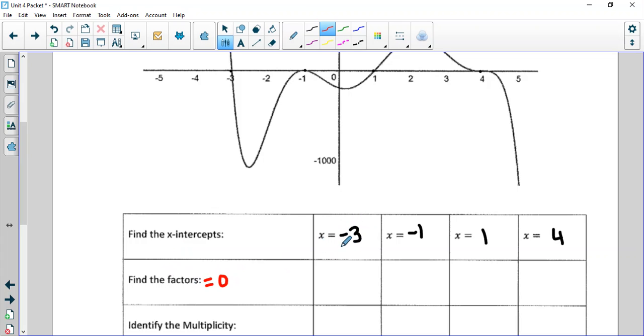So to move the -3 over, to zero it out, I have to add 3 on both sides. So you would have here x plus 3 equals 0. So x plus 3 is one of the factors, okay?